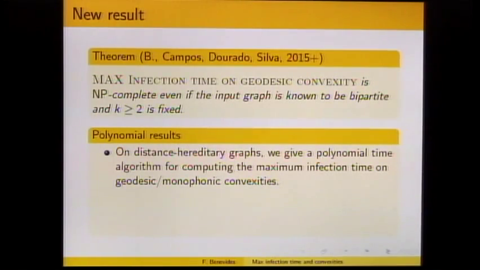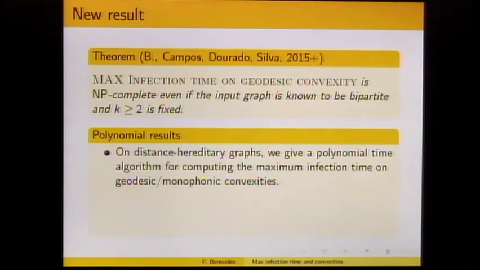It's a graph in which any induced path is a shortest path. If your graph has this property, then we have an algorithm that runs in polynomial time and computes the maximum infection time of this graph.